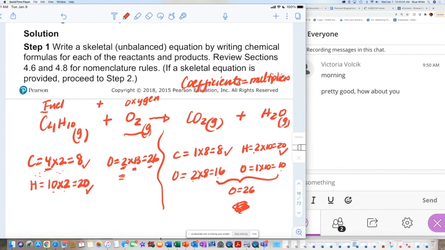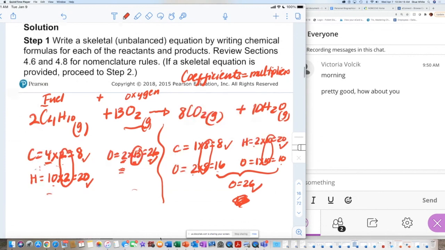So now that everything is equal, I can go ahead and write the multipliers up there. So this 2 goes up here, the 13 goes up here, the 8 goes up here, the 10 goes up here, okay? And that's balanced. I don't have to double check it because, well, you can check it if you want, but I just made sure it was balanced down here.